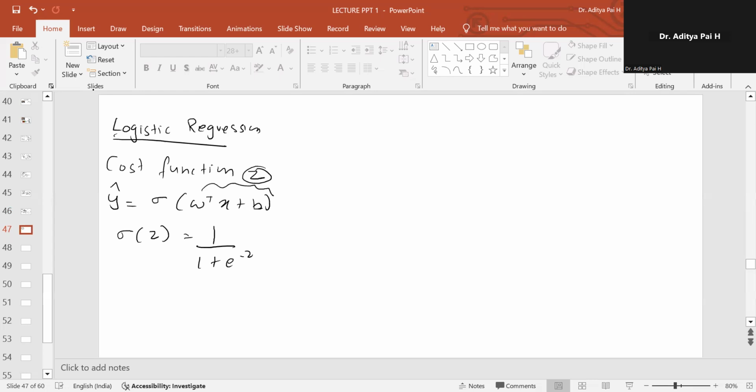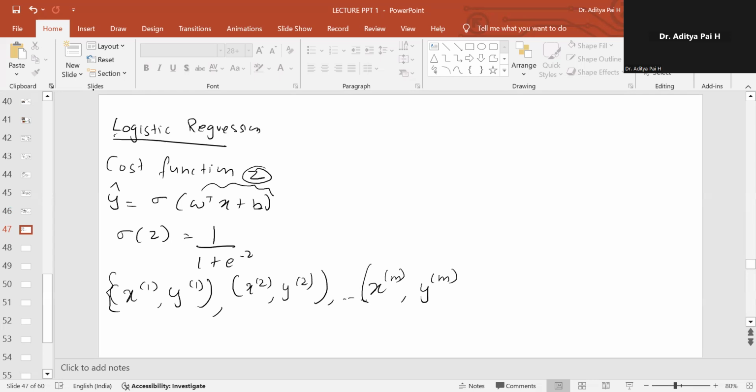Since this is my z, sigma of z is 1 by 1 plus e power minus z. And for the given parameters, the set of inputs is x of 1, y of 1, comma x of 2, y of 2, up till x of m, y of m.